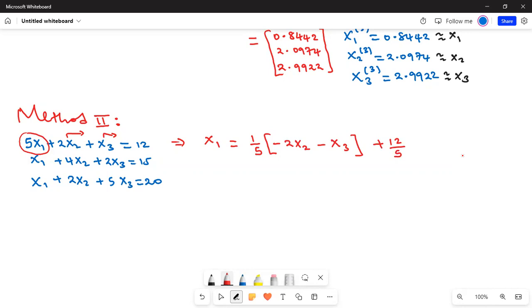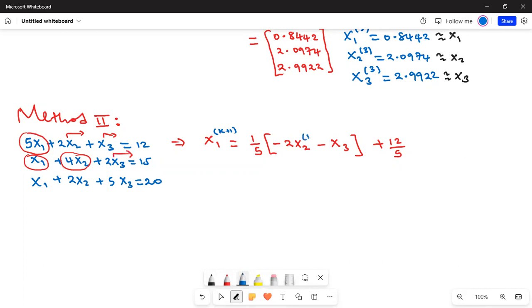In the second equation, now, x1 and 4x2 the subject, you now take this to the right hand side. Even before you work it out, in the first equation, on the left you put the level k plus 1.